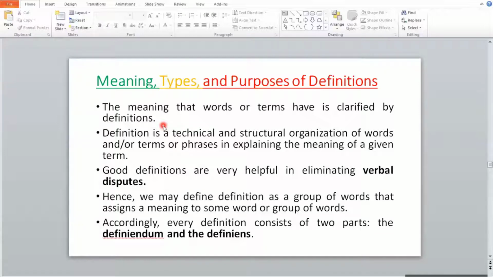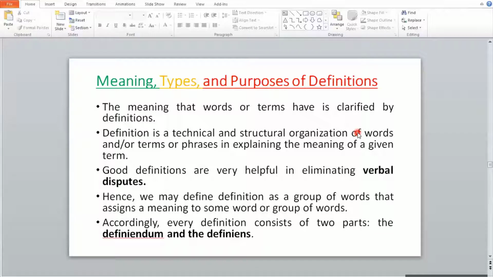The definition that we have done is expressed or clarified by the so-called definition. So there is meaning within the definition. So always the words or terms are going to be clarified through definition. So definition is a technical and structural organization of words, or terms or phrases which is going to explain the meaning of that term.